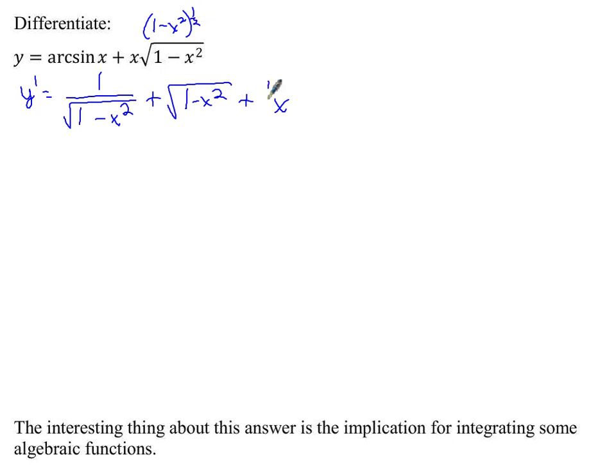The 1/2 comes down. 1 minus x squared. We're taking the derivative, so we're subtracting 1 from the exponent. Times the derivative of what's inside, negative 2x. Is that it? Okay. That's the calculus. Now we use algebra to simplify this.